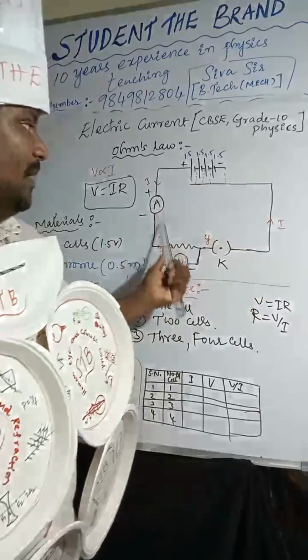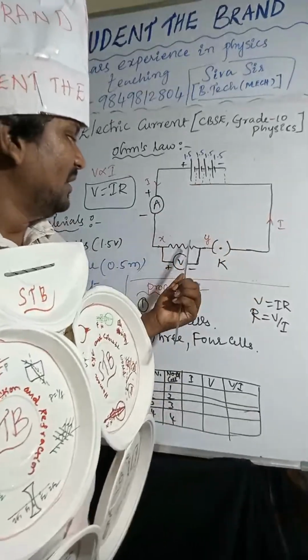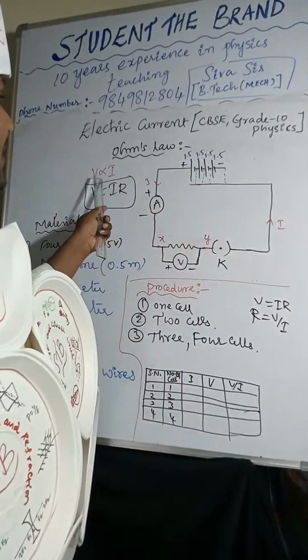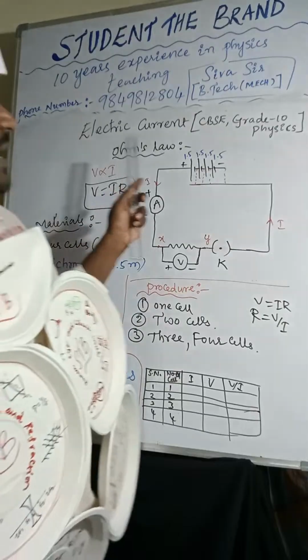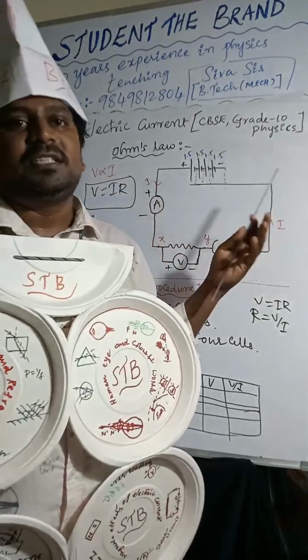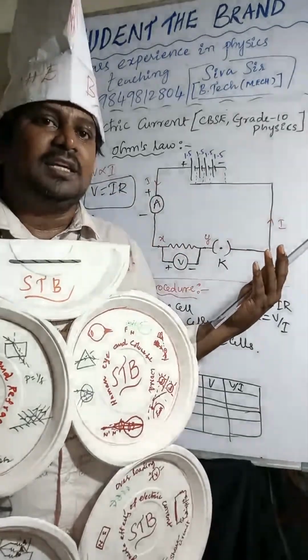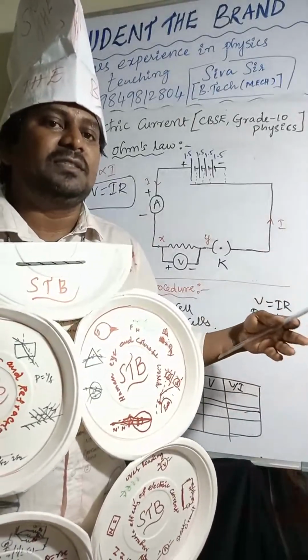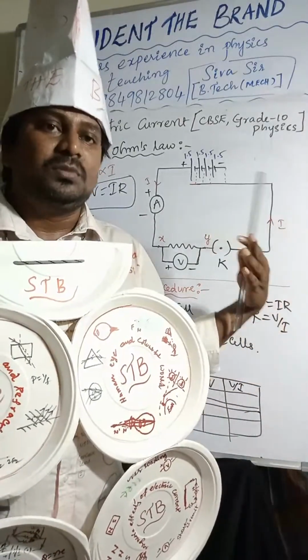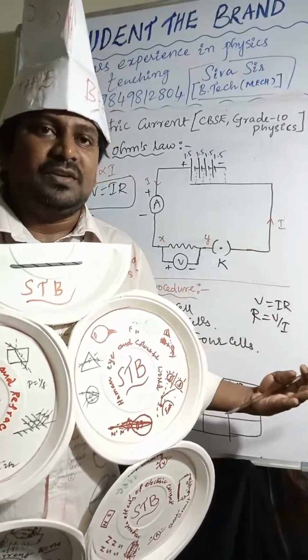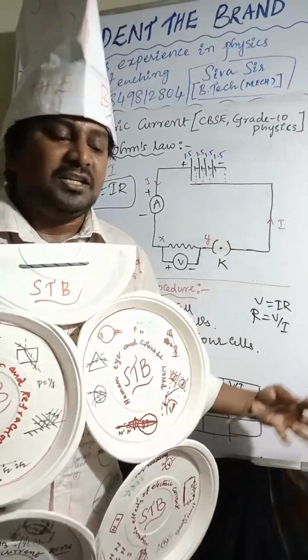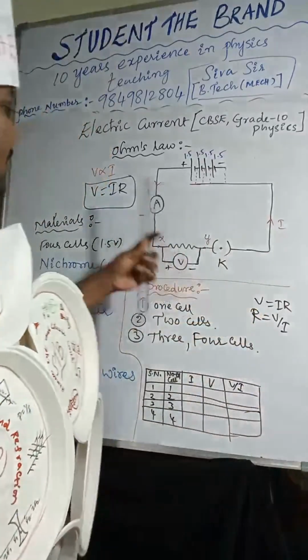So here the statement is V is directly proportional to I, V equal to IR. Ohm's law gives the definition of resistance.